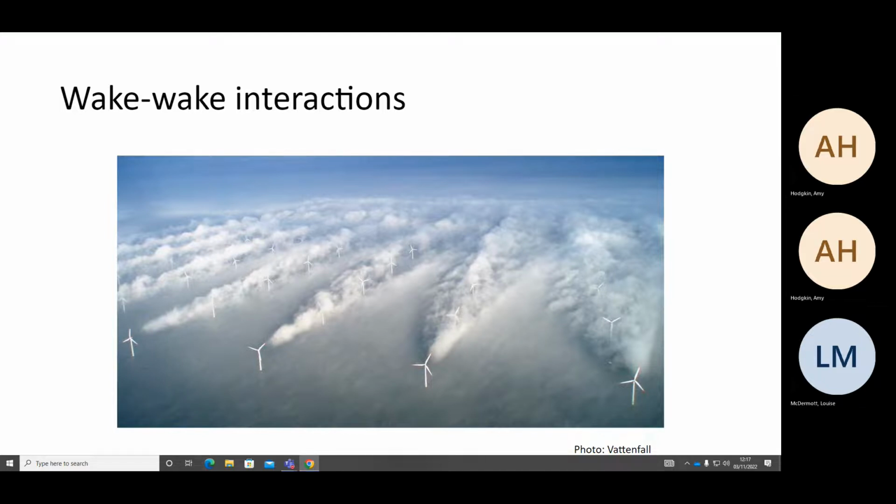We also have extra loading on the turbines, which causes fatigue. And it's been reported that in offshore farms, there are efficiency losses of up to 40% compared to a lone standing turbine. So we really need to make sure our wind farms are laid out in the most optimal way, and that we have control strategies that maximize the total output of the farm.